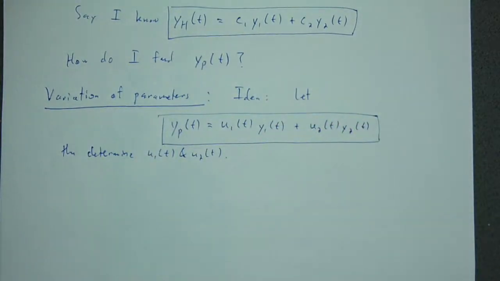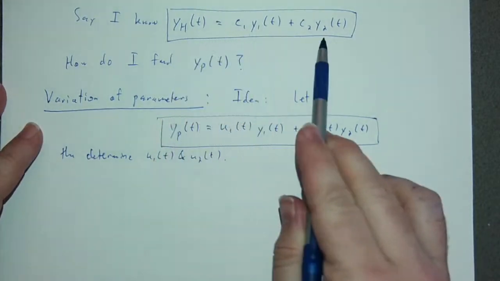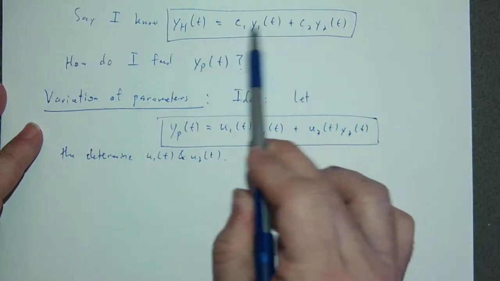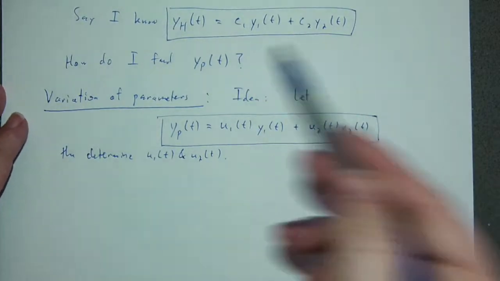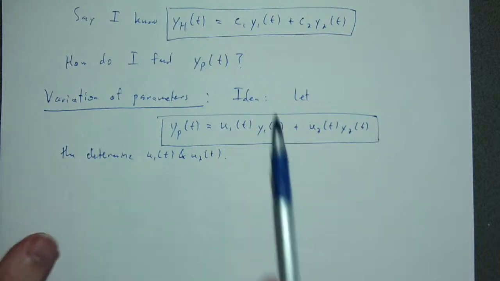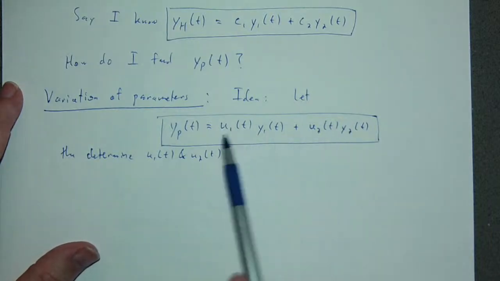Now, why would this aptly be described as variation of parameters? What I have done here is, it's like I've taken the homogeneous part, and instead of having these arbitrary constants c1, c2 that parameterize two infinite families of solutions, I turn those constants into functions of t.